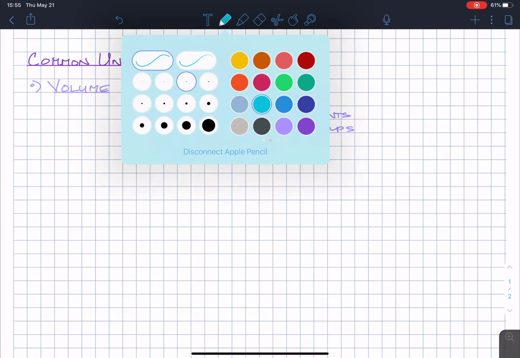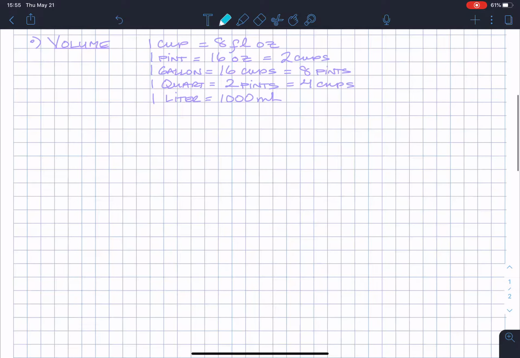Okay, so now let's go to length as opposed to volume. So let's look at some length unit conversions. So 1 mile is how many feet? Well, it's 5,280 feet. And 1 foot is how many inches? Well, 12 inches. Hopefully everyone knows that. And 1 yard is actually 3 feet, right?